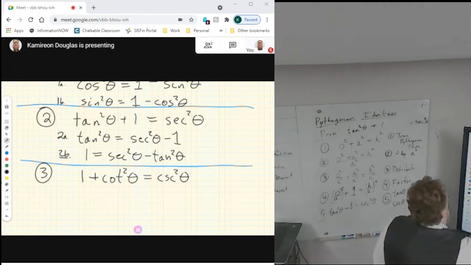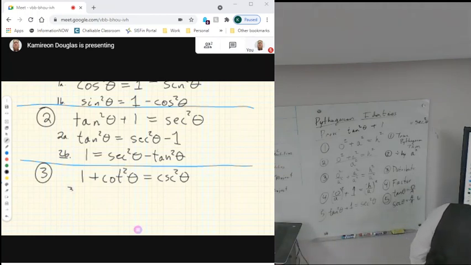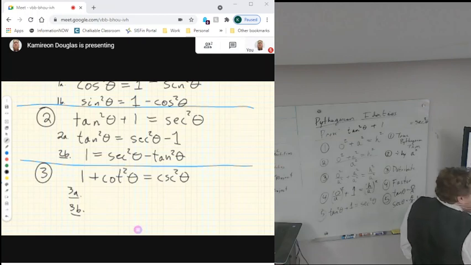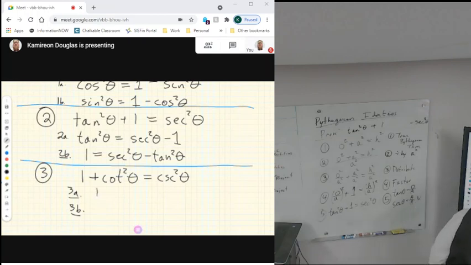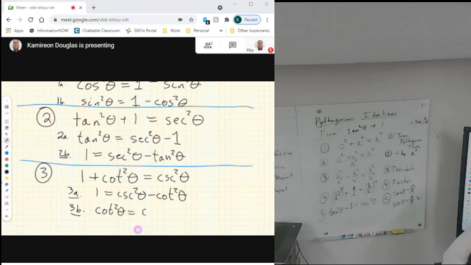And 2 alternative versions. 3a, 3b. 3a, I move the cotangent, number 1 equals cosecant squared minus cotangent squared. 3b, cotangent squared equals cosecant squared minus 1.